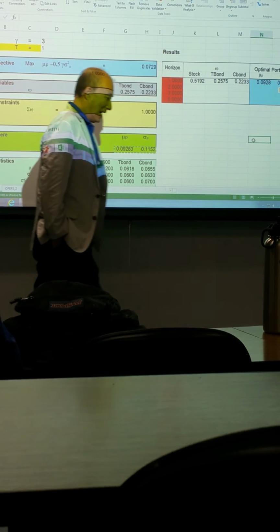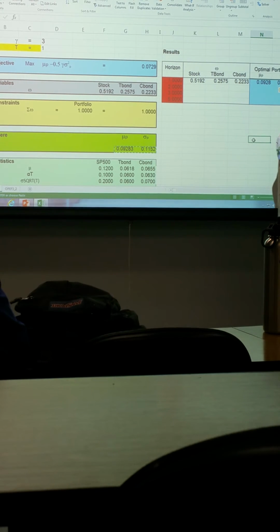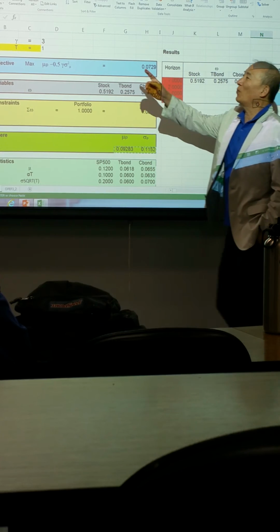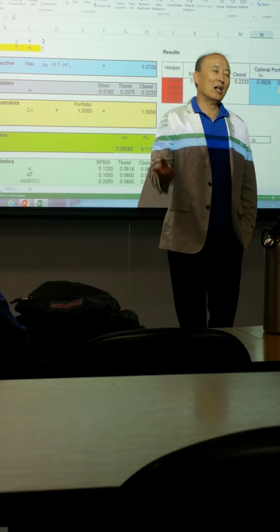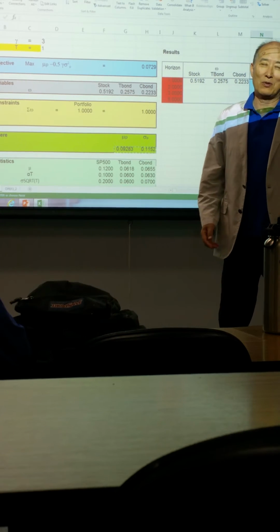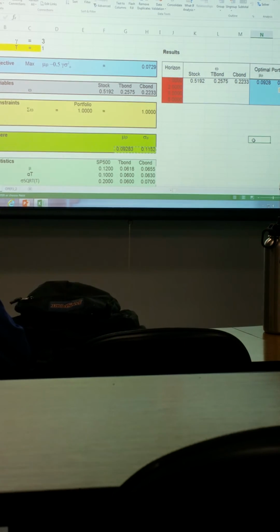So I, who has an investment horizon of 1, with gamma equal to 3, the managers recommend me to allocate my money just like this. Okay, 51%, that's quite large, and 25% T-bond, and 20%. So that has been recommended.